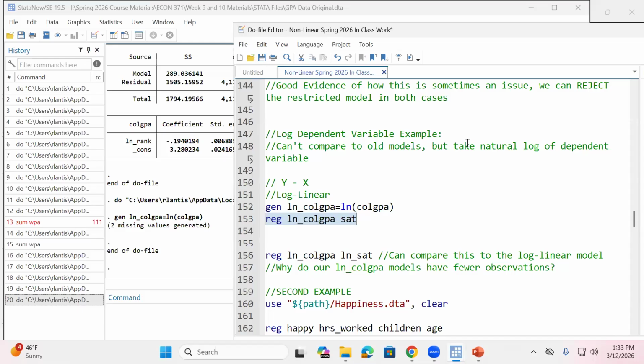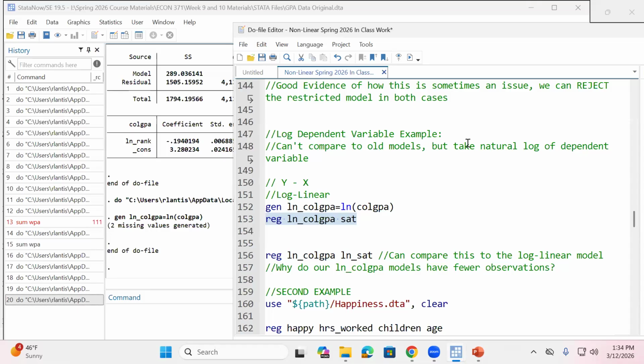Well, now it's just like it was before. A 1 unit change in x is going to cause my predicted y value to change by beta 1. But if I'm going from units or a probability to a percentage, if I'm converting a probability to a percent, I need to do what?